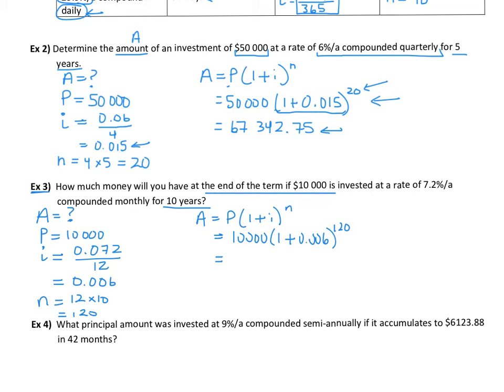And calculate that in one step. And we have now more than doubled our amount of money here. $20,500.18. So we have gained $10,500.18 in our investment.